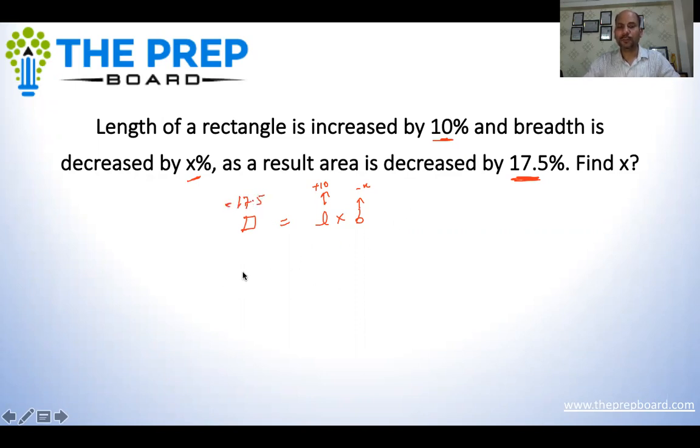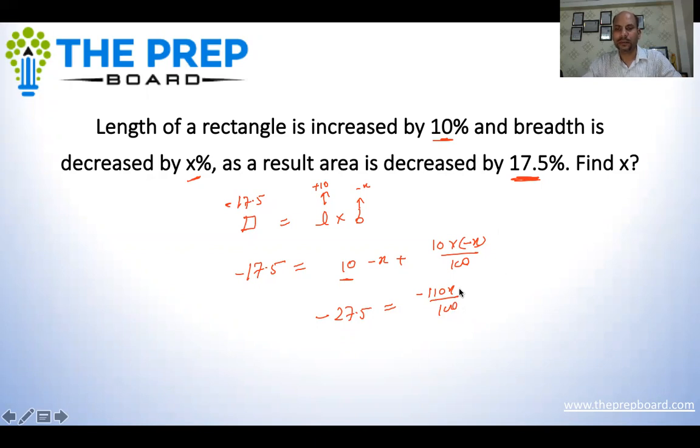So now we'll put these values in the formula. So it becomes minus 17.5 equals 10 minus X plus 10 into minus X upon 100. So this will shift to the right side. So it becomes minus 27.5 equals minus 110x over 100.